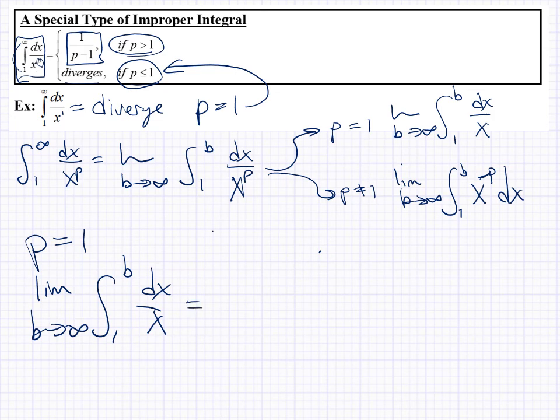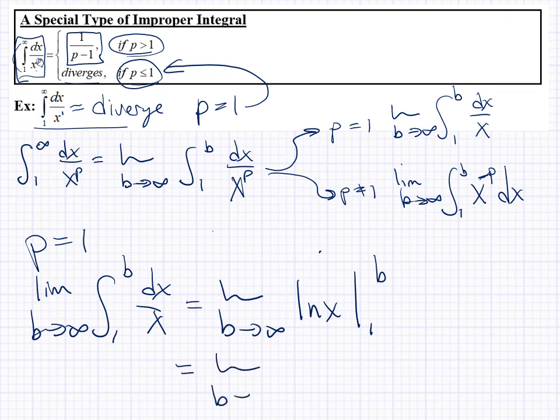And we've seen this one, this is the example right here. We know it's going to diverge, but we also did this one earlier in the lesson, something very similar to it at least. We have the limit as b goes to infinity of log x between 1 and b. We get the limit as b goes to infinity of log b minus log 1.